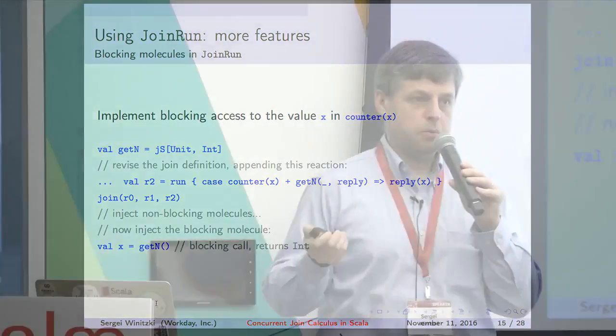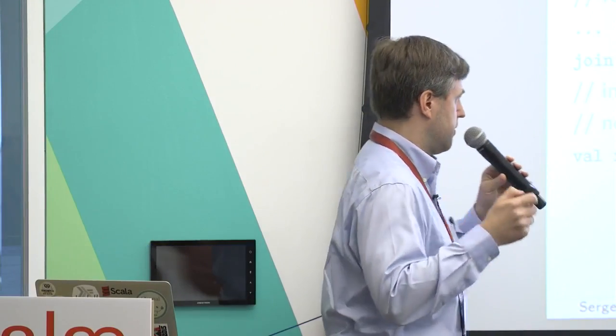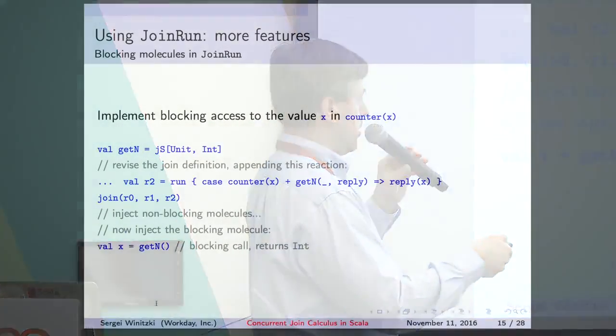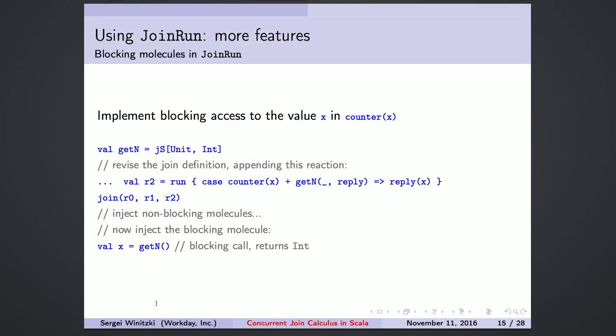Well, we can do whatever we want. Let's do it like this, just for an example. That will kill our counter molecule, but it will reply with the value. Once you define the join with that reaction, you can use it like this. This blocking molecule looks like a function that you call, it blocks while you call it, and it returns a value.